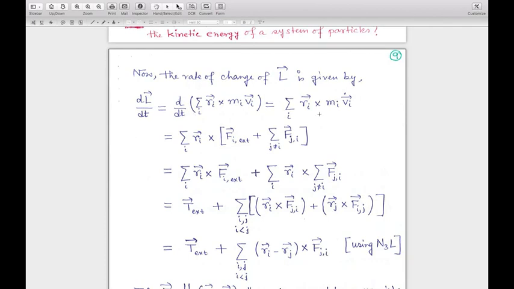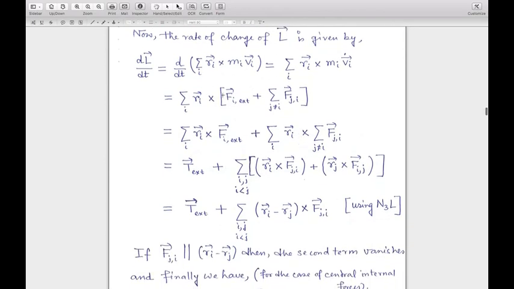If we do the calculation, you know that there will be a term, summation over i of vi cross mi vi, which will vanish, and we will be left with this part, summation over i of ri cross mi vi dot, which is again the total force. So the cross product of the position of the ith particle with the total force acting on the ith particle, and finally taking a summation over i of all such cross products.